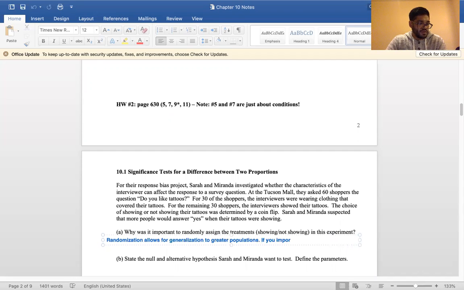If you impose a treatment, then you have an experiment. This is kind of a good recap of chapter 4. Then you can say cause and effect.